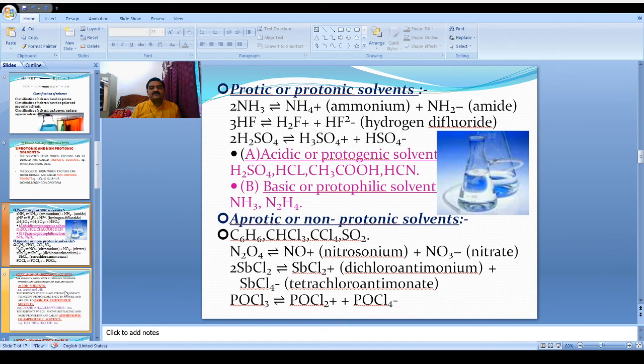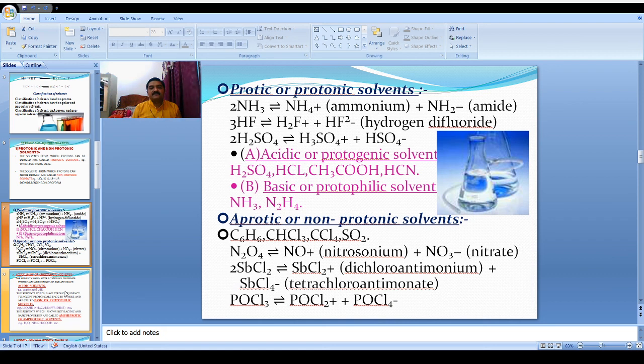In this type, protic or protonic solvent, here are some reactions. NH3 plus NH3 forms the ammonium cation as well as the amide anion. HF also forms the fluoride cation and fluoride anion.